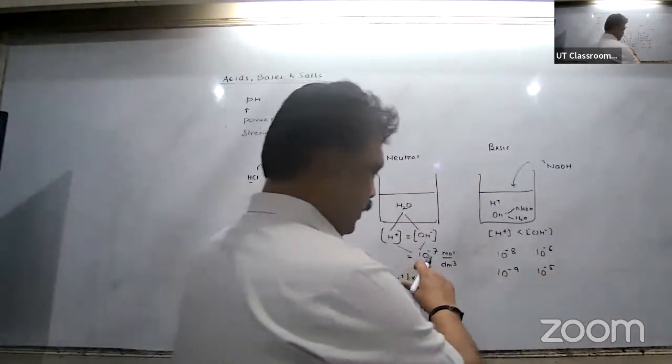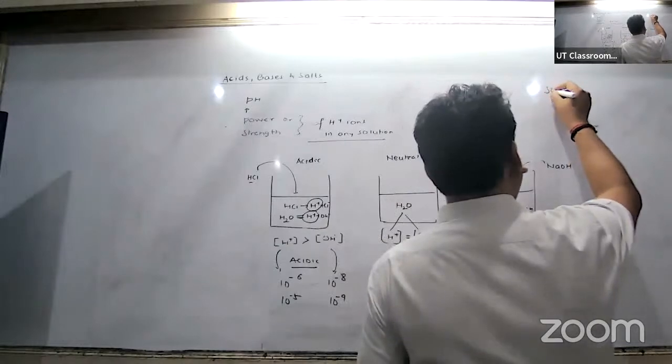Now, this is a very inconvenient number. So scientist Sorensen came out with the concept of what?